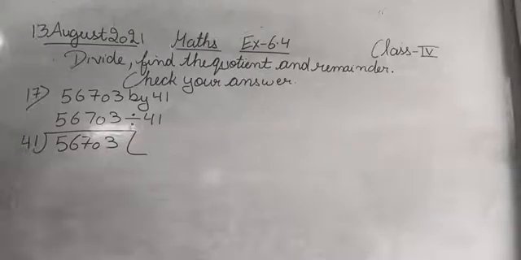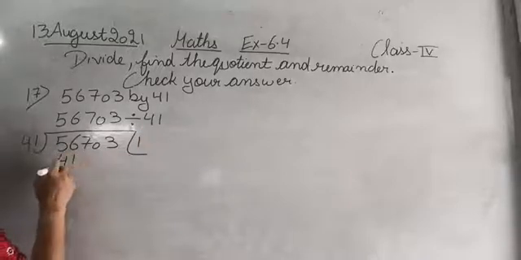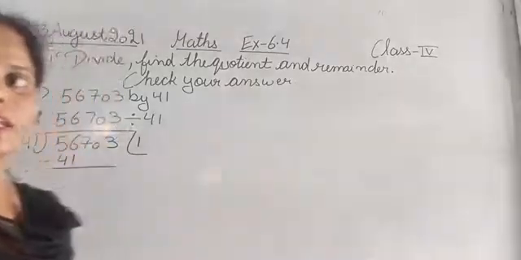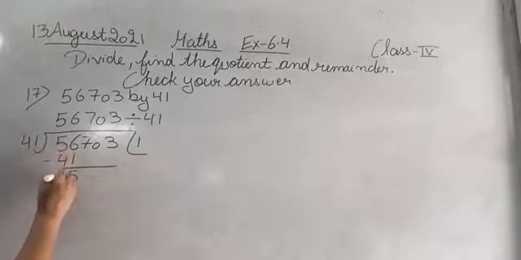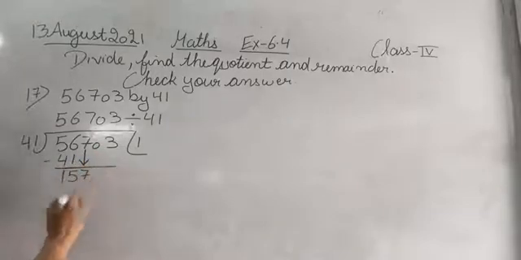Okay, so let's divide it. 41 ones are 41. 6 minus 1, 5. 5 minus 4, 1. Now bring down the next number, that is 7.